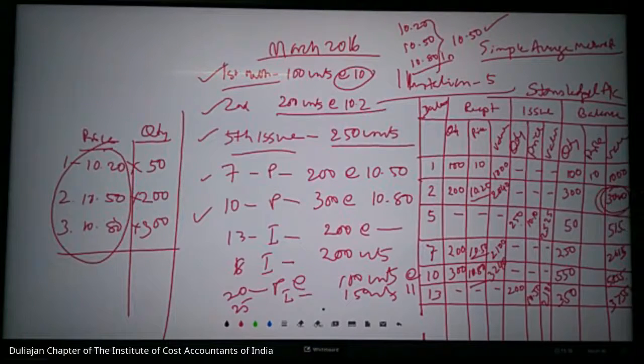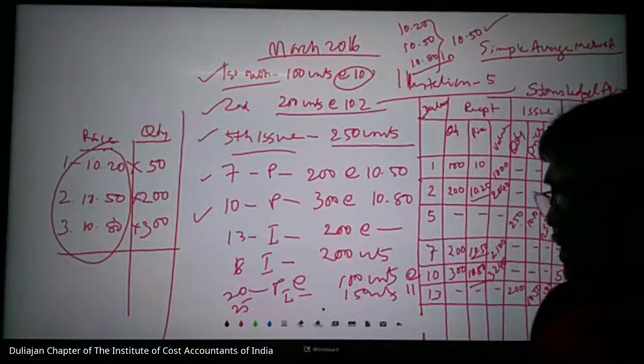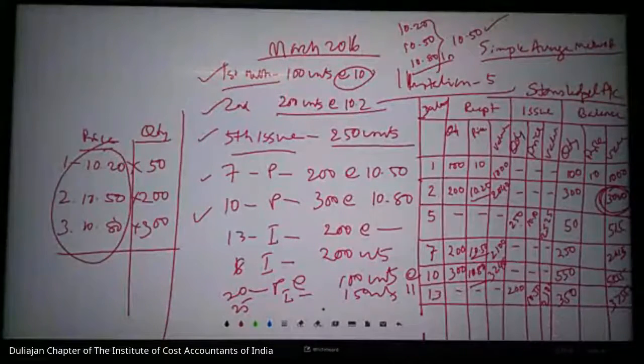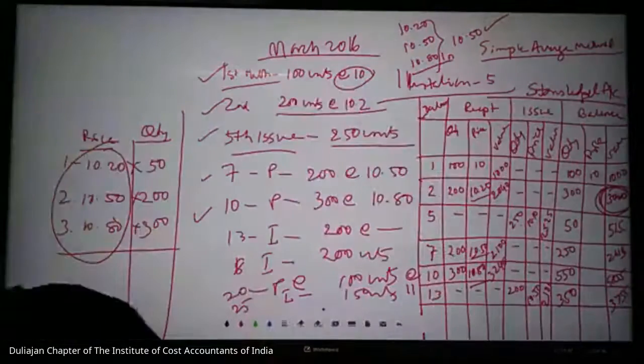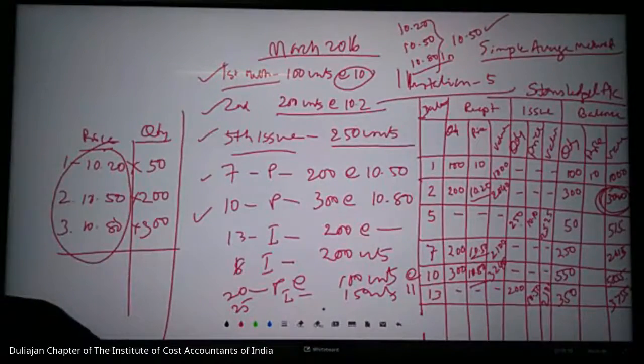Now this is the basis. You want me to do it, or I can do it? Weighted average. Please try yourself so that you can understand. It's very simple. Just try. If you don't understand, I will definitely help you.